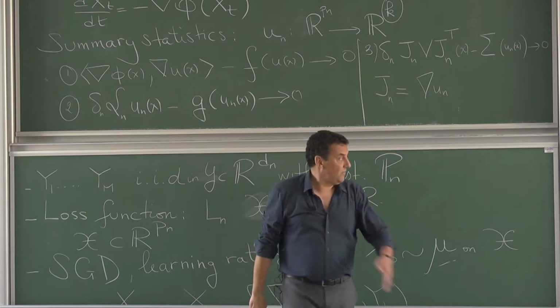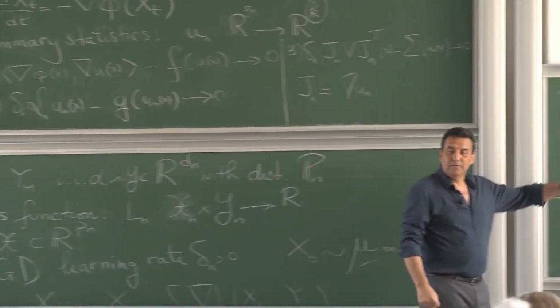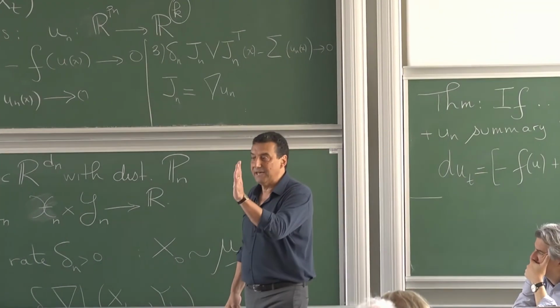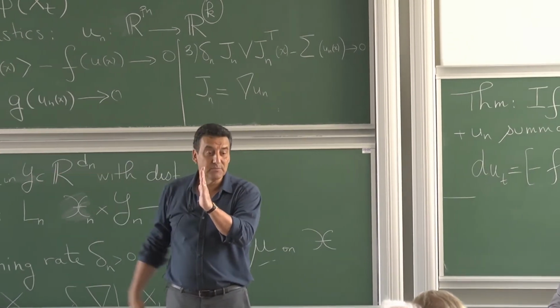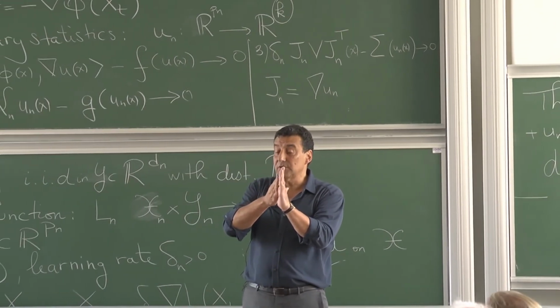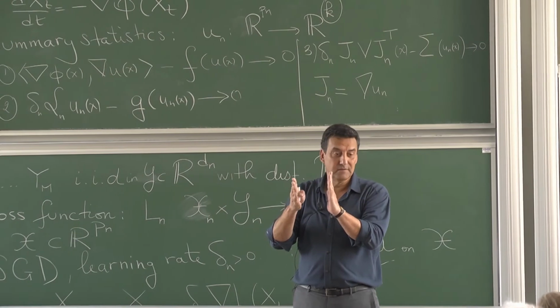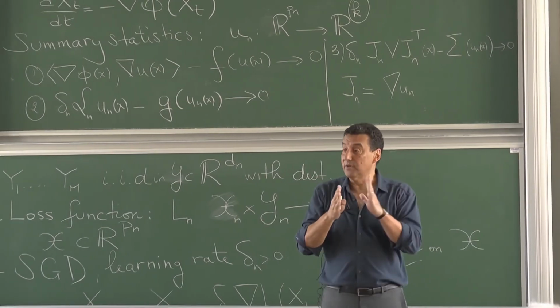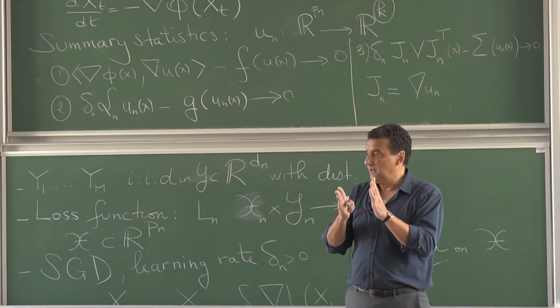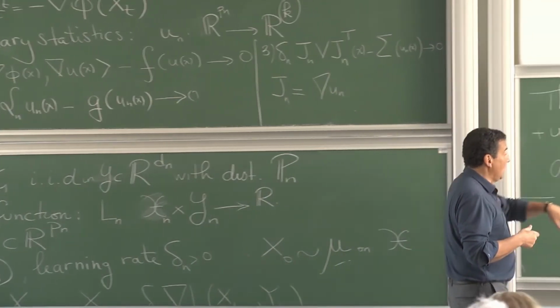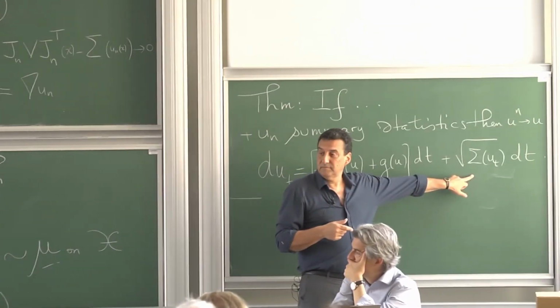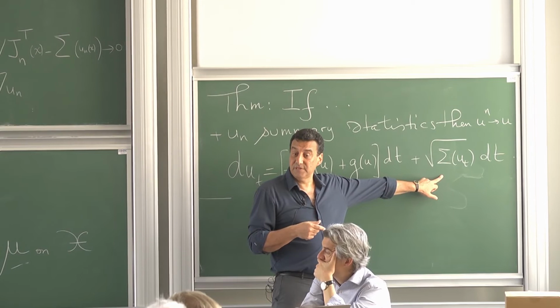So if you have a theorem like this for a scale delta n, which is delta n localizable, if you take a smaller step size, you will still have the theorem, right? But you would have lost G and sigma. All right, they will be 0.